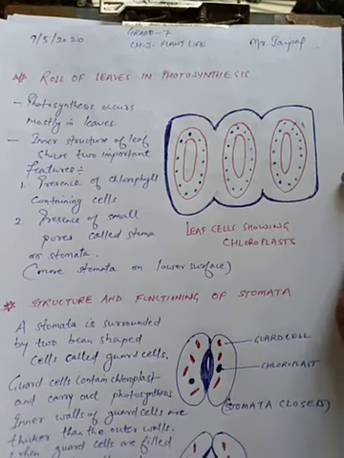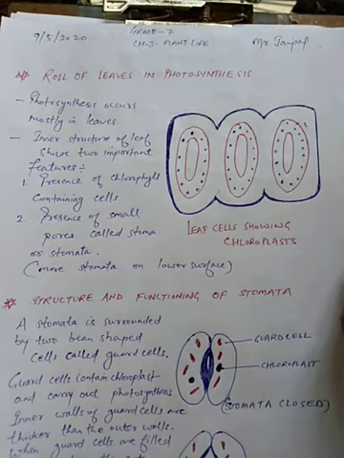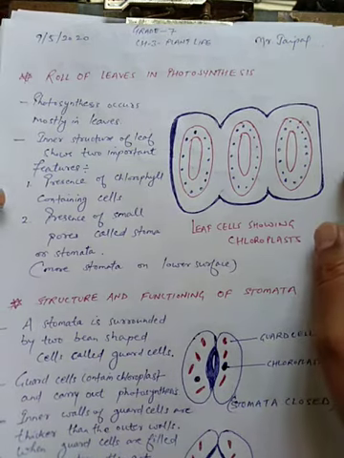Students, one more topic which we completed in the previous lecture is respiration. In that, a brief idea was given regarding respiration, types of respiration, and the difference between breathing and respiration.